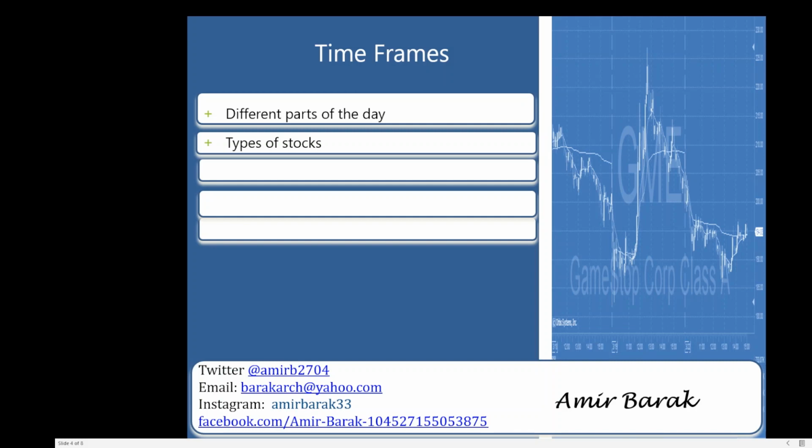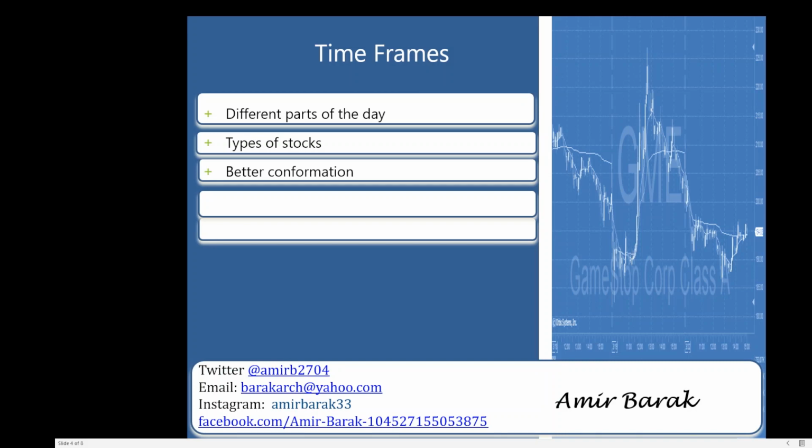Basically, you are being rewarded for that. The more you wait and don't just jump in, the better. First, you need to have a playbook. You need to see one, two, three, four things in order to support your trade. Part of this is the time frame, because it allows you to see how long the stock is at that level.